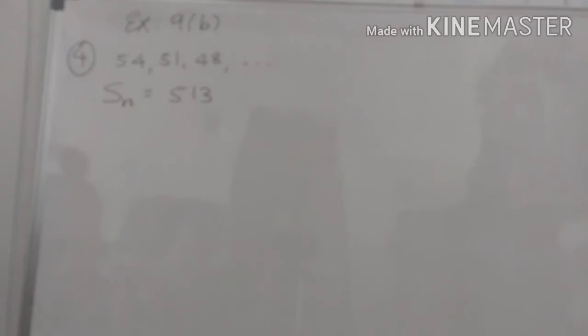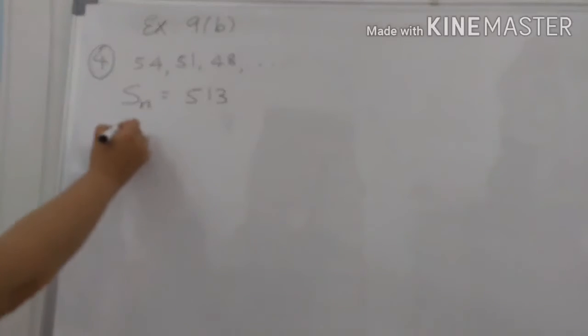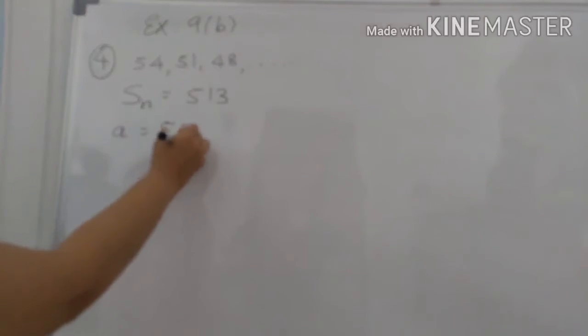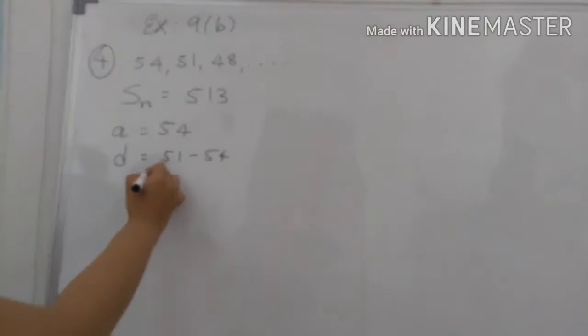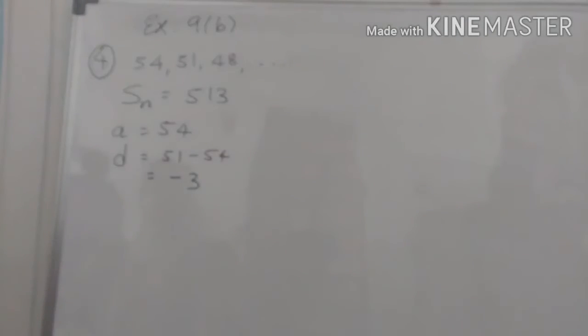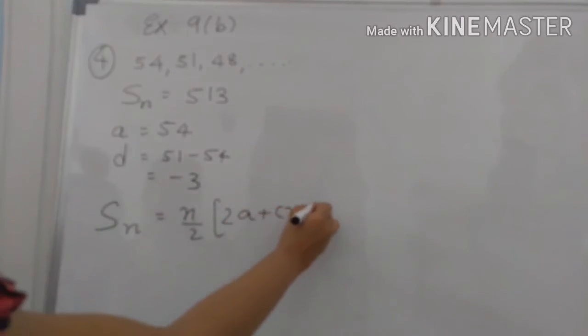So what we want to find out here: how many terms are there in this AP, means we want to find the n value. So from the AP, first of all I write the A value, that is A is equal to 54, then D is equal to 51 minus 54 is equal to minus 3. So now using our Sn formula directly, we get n by 2, 2a plus n minus 1 into d.